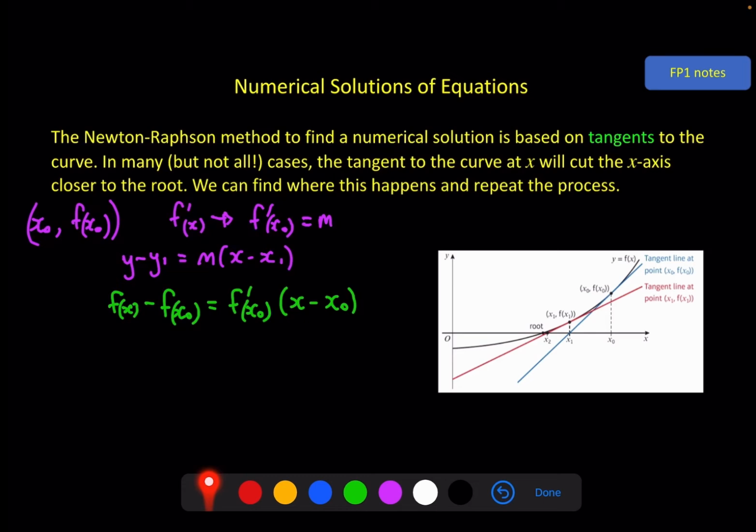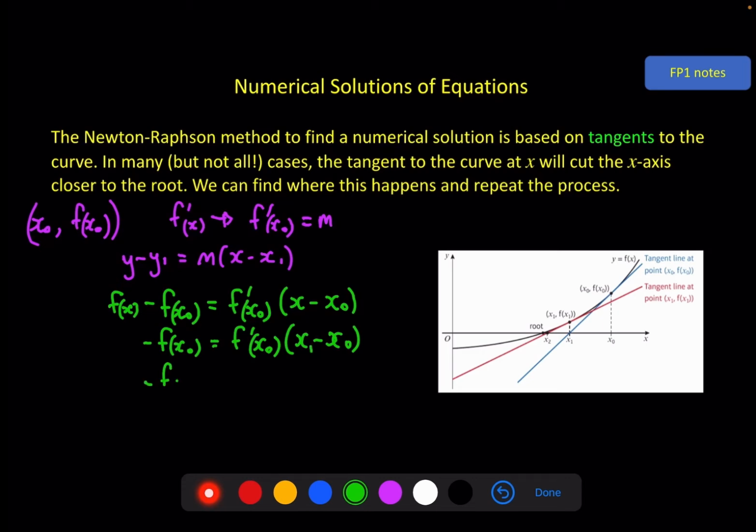All we need to know is that we're looking for the point where this thing crosses the x-axis, which is where the y-coordinate, the general y-coordinate, is 0. So when this is 0, I need to rearrange to find out what is x. And this will tell me the first approximation, x1.